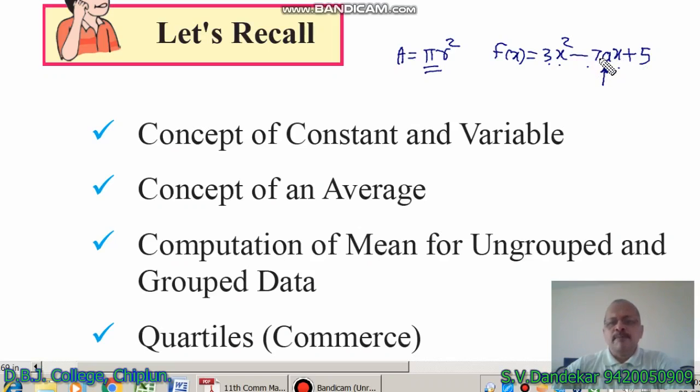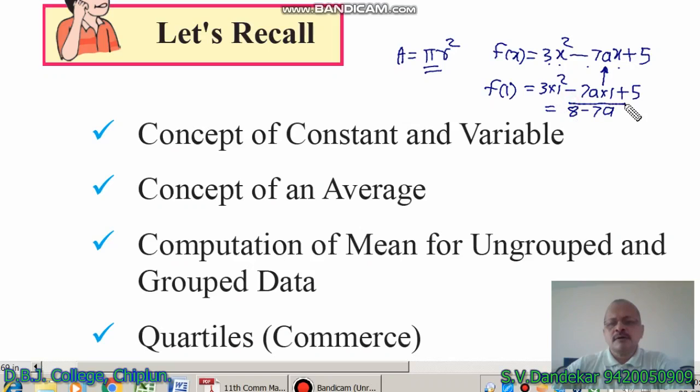This a may be a variable, but locally it is a constant, because up to the evaluation of the function, say if I want f of 1, then it is 3 into 1 square minus 7a into 1 plus 5, that is 5 plus 3, 8 minus 7a.